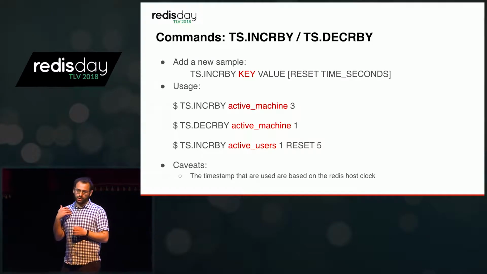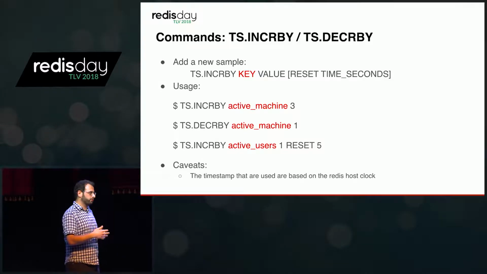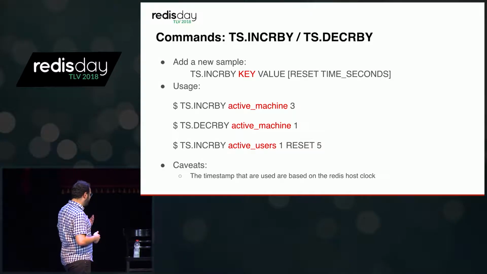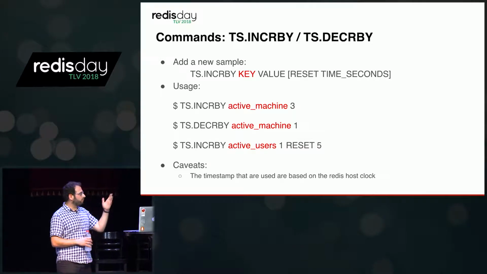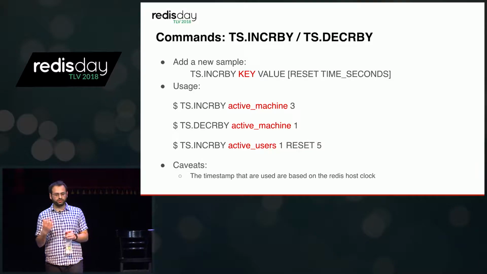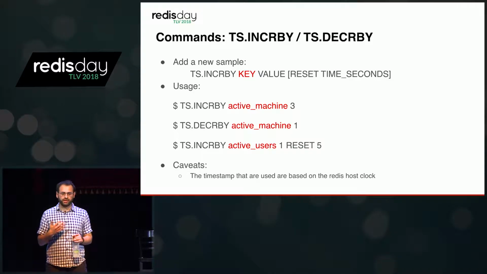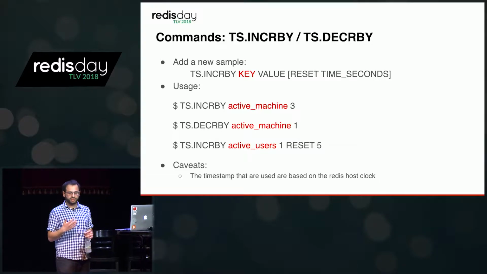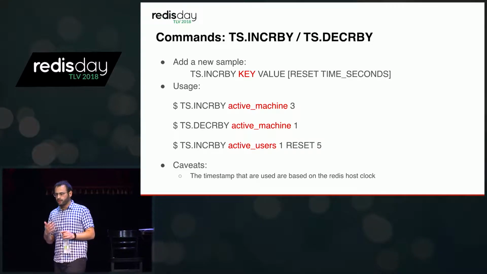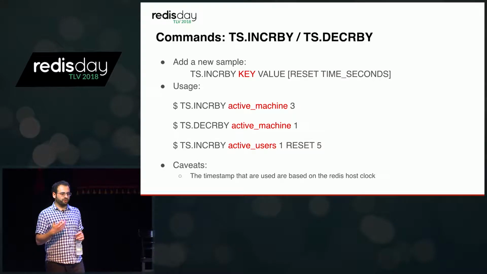For example, if you want to count hits, then this is a counter. If you want to get the memory usage, this is normally a gauge. So in the third example, you can see that we are counting the active users, and then we're asking for the reset of the counter. What it does is that every 5 seconds, the counter will be reset. So we are counting the number of active users every 5 seconds.